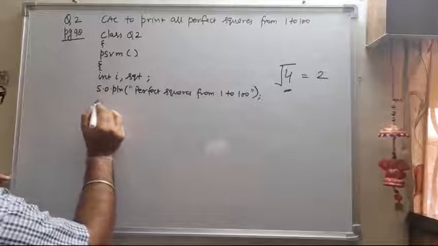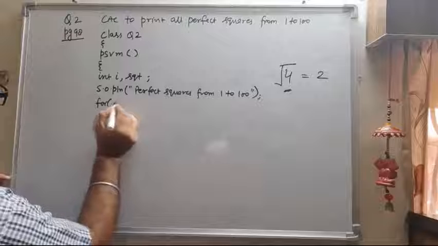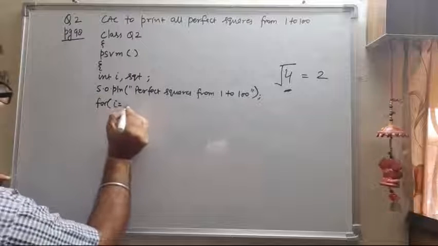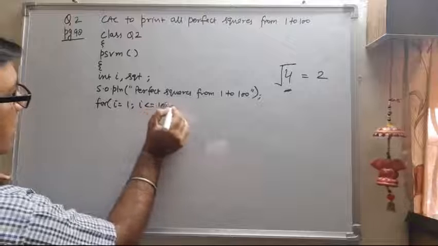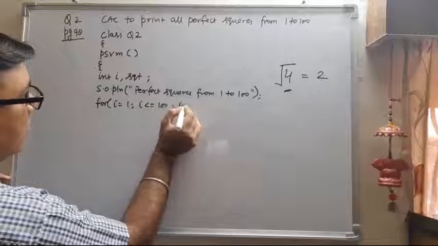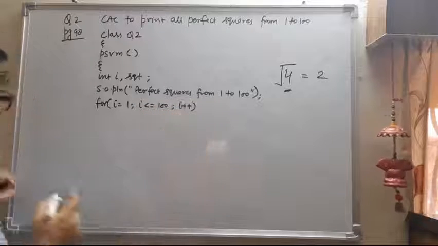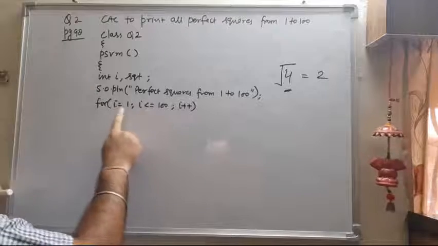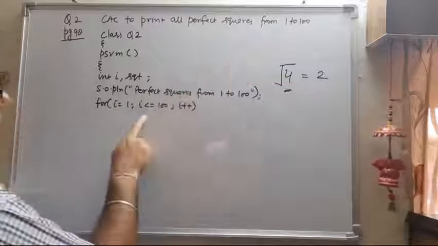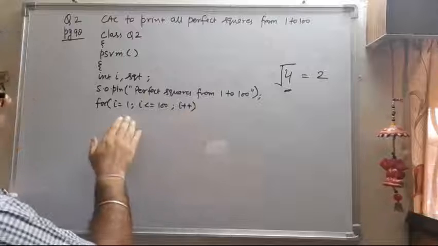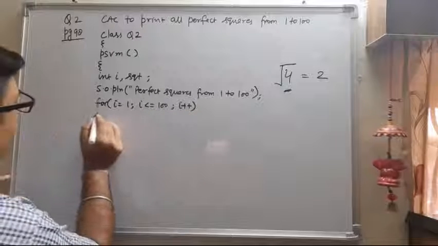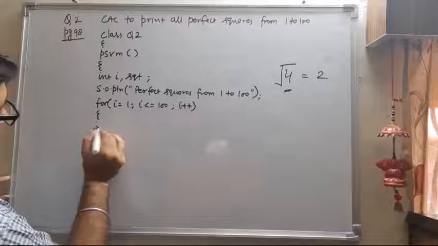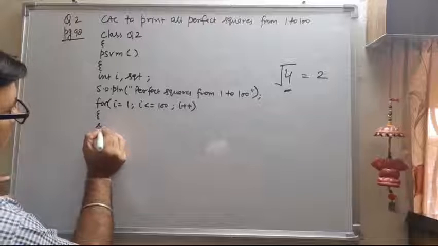Now we'll apply the for loop. For i is equal to 1, i is less than or equal to 100, i plus plus. So we are applying a loop starting from 1 and ending at 100 with i plus plus, so it will count from 1 to 100. Now we'll find the square root of each number.